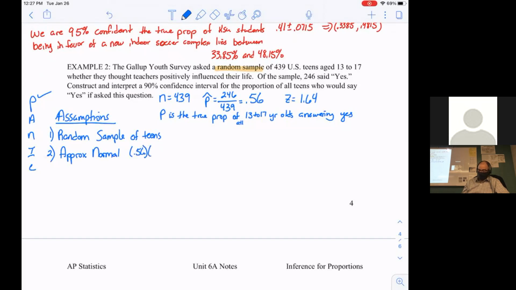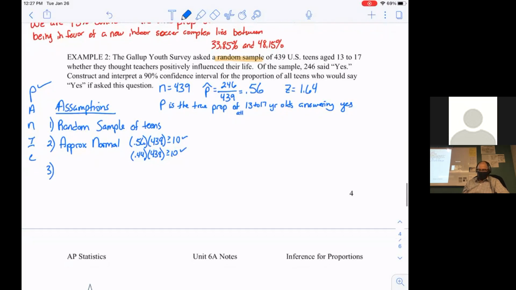And again, you could do it successes and failures. I was actually going to do that this one. I just totally blew by it. But it's okay. So my sample size is sufficiently large. I have trouble with that word. Three, independent.